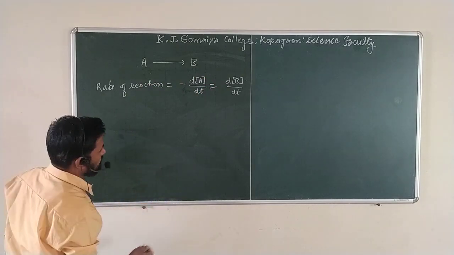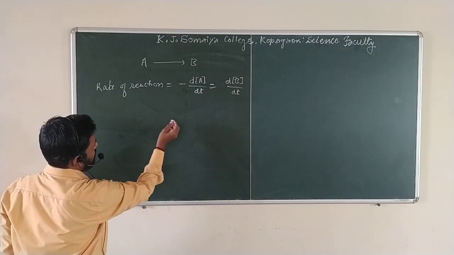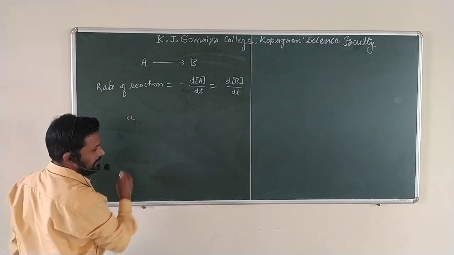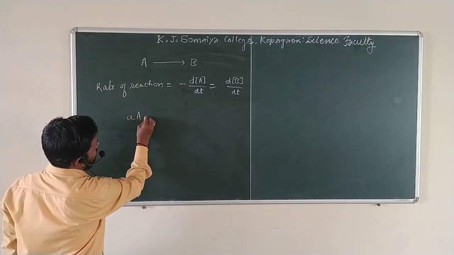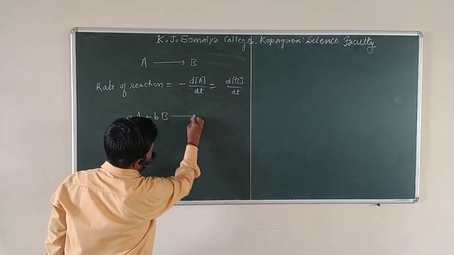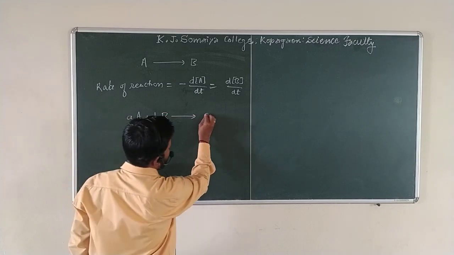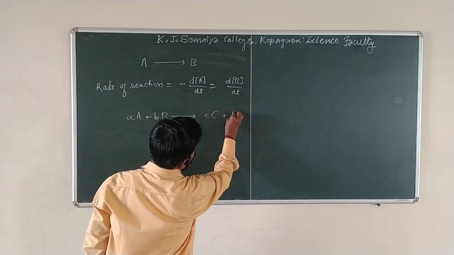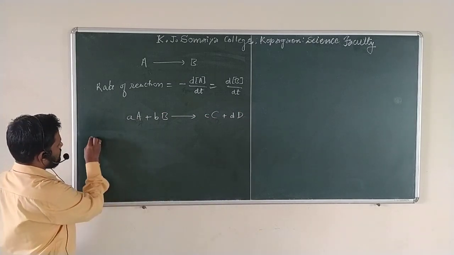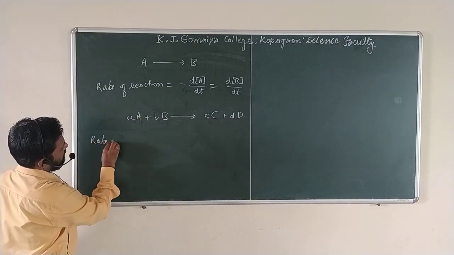In general, with respect to stoichiometric amounts, suppose A and B are the reactants, converted into the products C and D. Now, how do we write the rate of reaction for this?